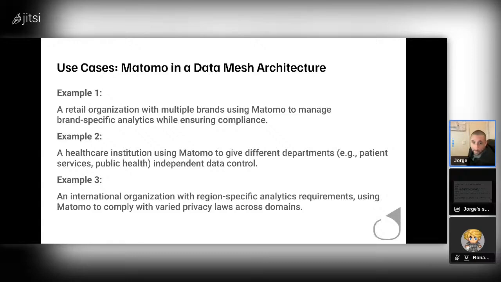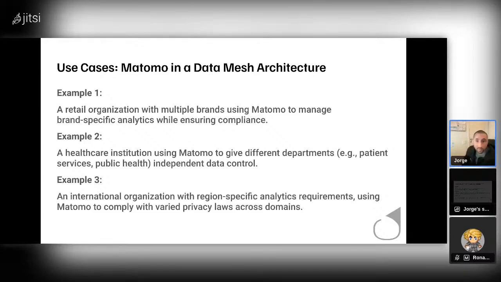An international organization operating in different regions faces complex privacy requirements that vary from one country to another. With Matomo, they can implement region-specific analytics setups, allowing each office to comply with local data privacy laws, such as GDPR in Europe or PIPL in China.